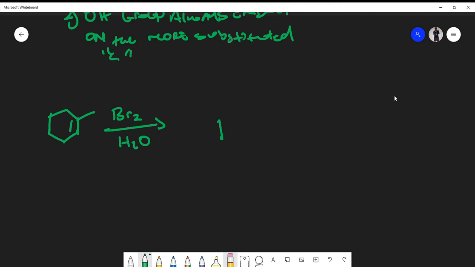The product for this should look like this. I'm looking at the carbon with the methyl group as the more substituted carbon. So there's my methyl group, there's my hydroxyl group on the more substituted carbon. Therefore, my bromine must be going away on this carbon. So this is the product of the reaction.